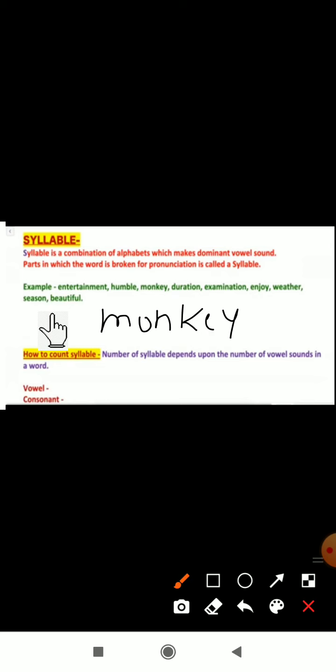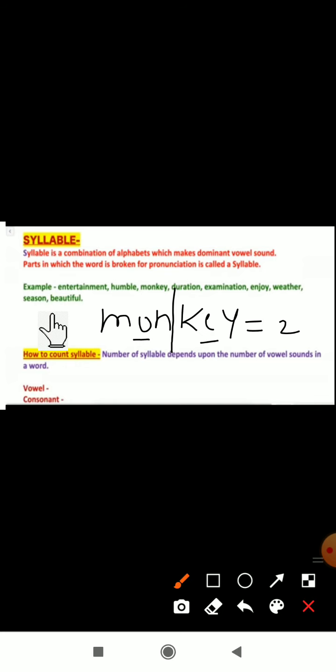See here, O and E. Two vowels are there, right? So we can say that here, how many syllables? 2. Got it. And we can even divide it, meaning monkey. How are we pronouncing? Monkey. So it is an example. Remaining examples are there. You have to try them.